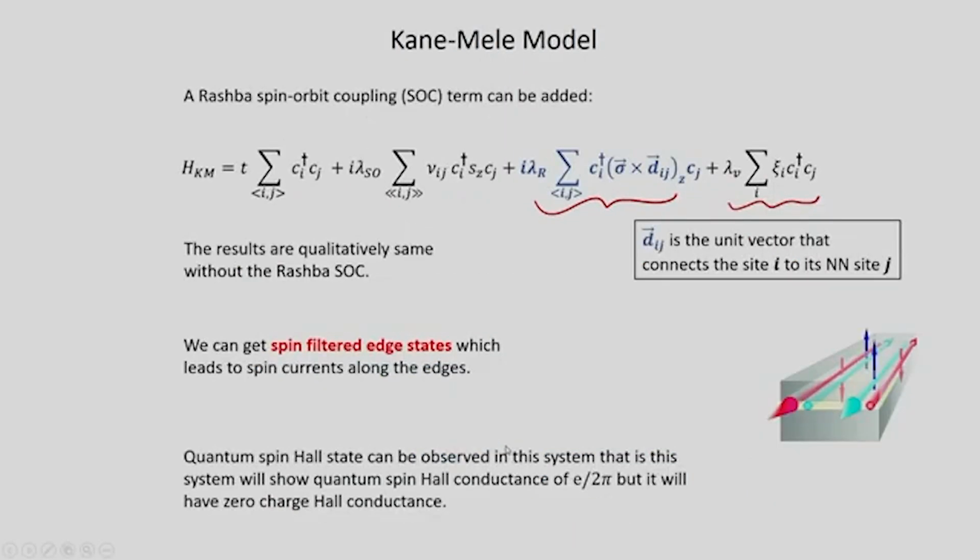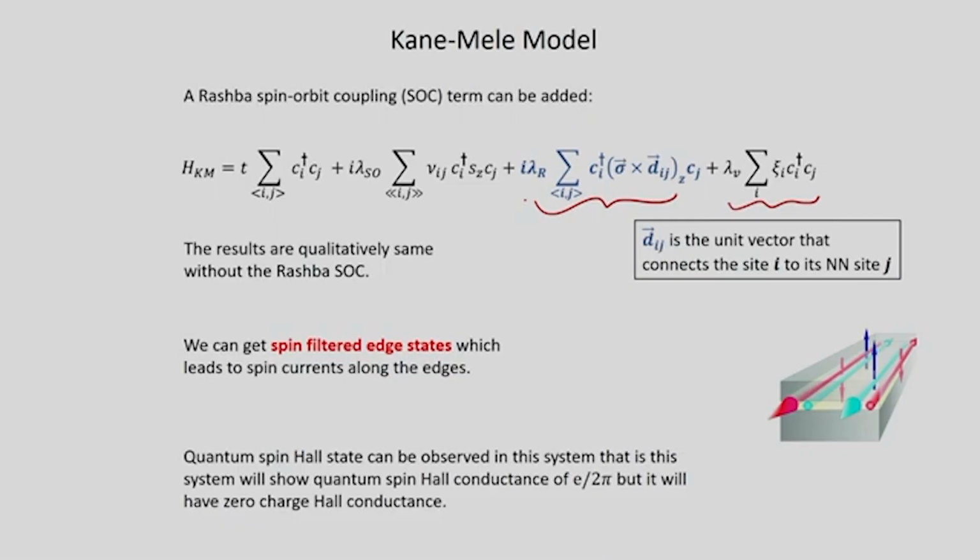Okay. Now, how I get this term, and how it comes into the picture, is what we will see. Some of the results are the same with and without the Rashba spin orbit coupling, though they are quantitatively different, and including this term will have large application in spintronics.